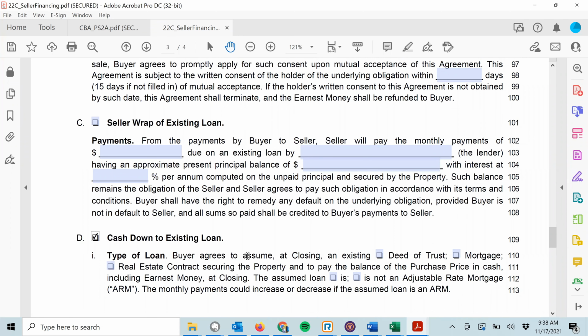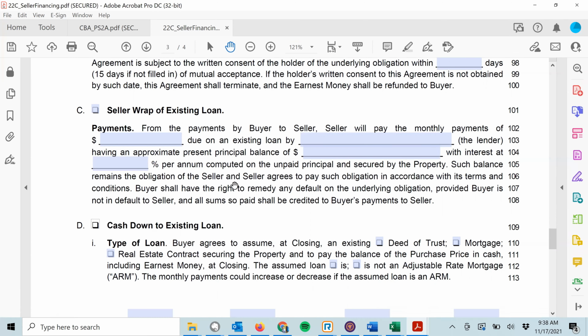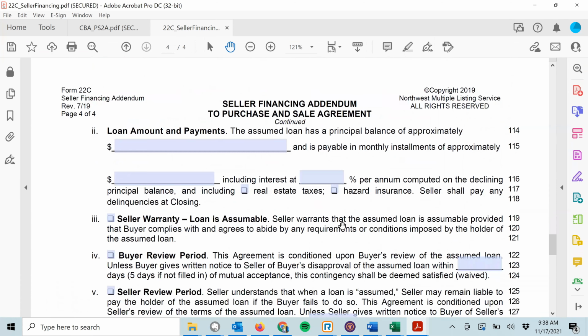An obvious example would be if I had a negative amortizing mortgage or my value had gone down like they did in '07, '08, maybe my mortgage is more than what I'm selling it for, right? I'm a short sale. Well, in that instance, the buyer would have to have a down payment in order to make it work. So none of this applies to Laine's example, so we're not going to worry about it.